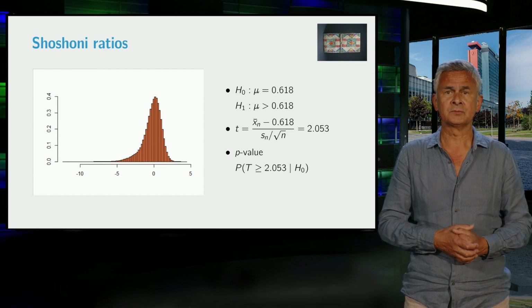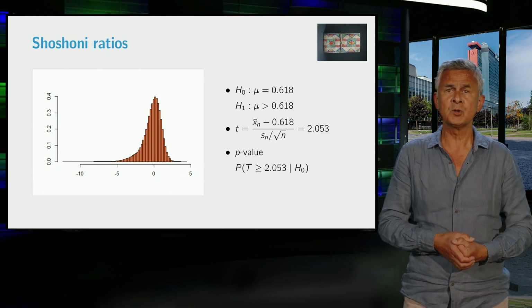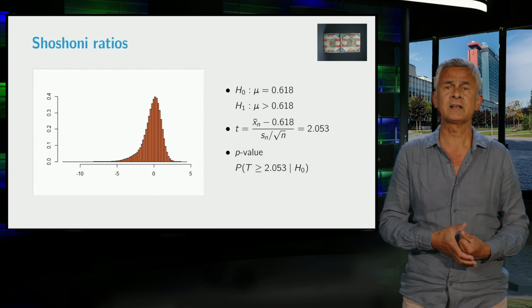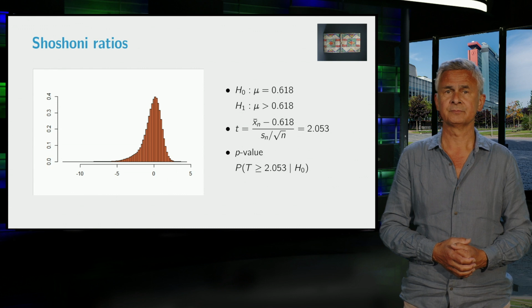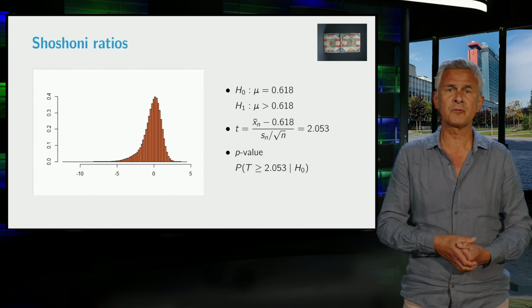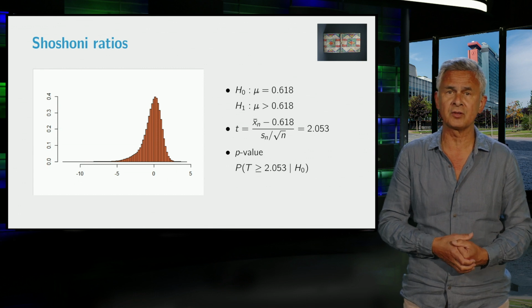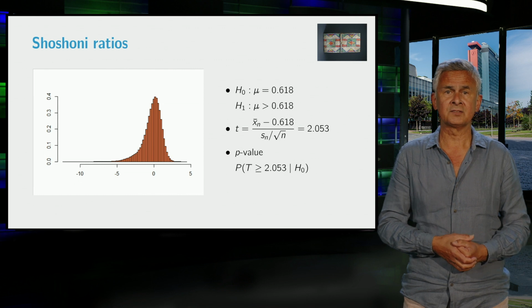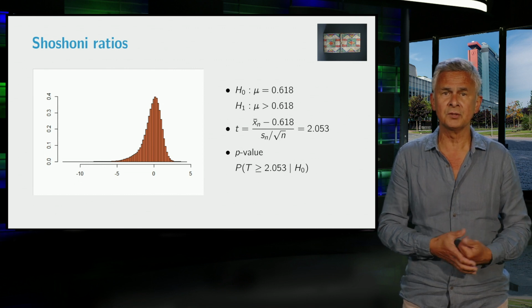Now let us return to testing the null hypothesis that mu is equal to the golden ratio 0.618 against the alternative that it is greater. For the Shoshone ratios, we found 2.053 as the value of the test statistic. The p-value is this right-sided tail probability computed under the null hypothesis.